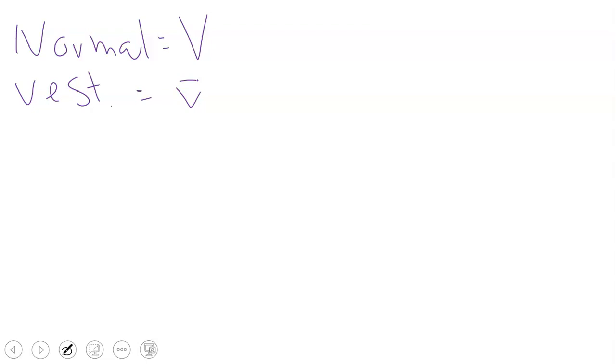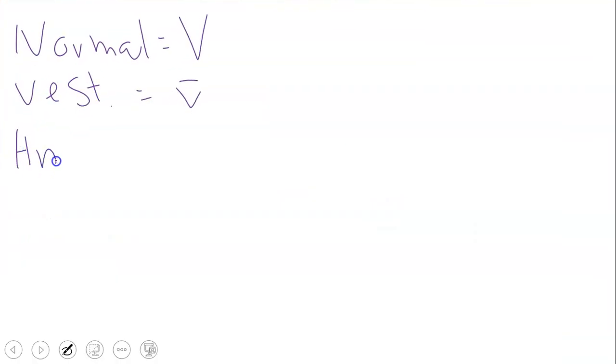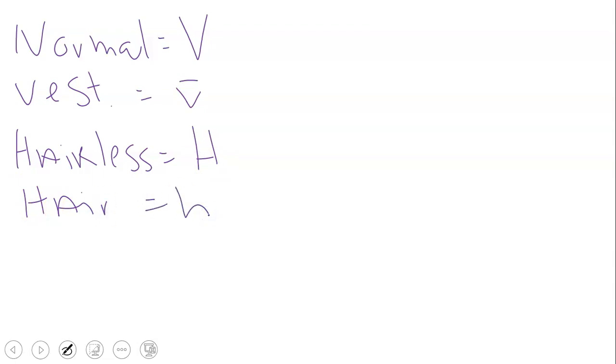Second part here deals with body hair. So hairless is going to be dominant. Hairless is going to be a capital H, and then hairy is recessive, so it's little h.